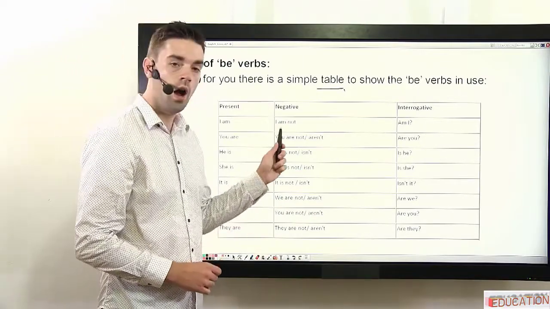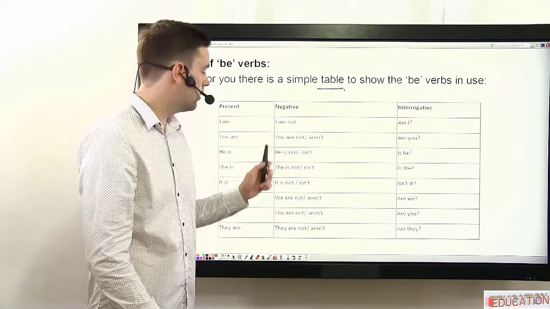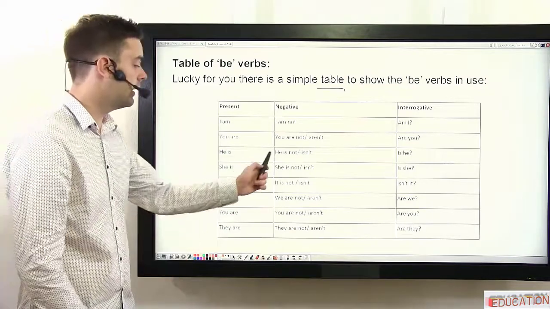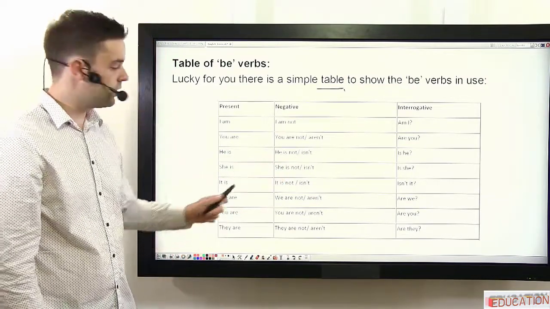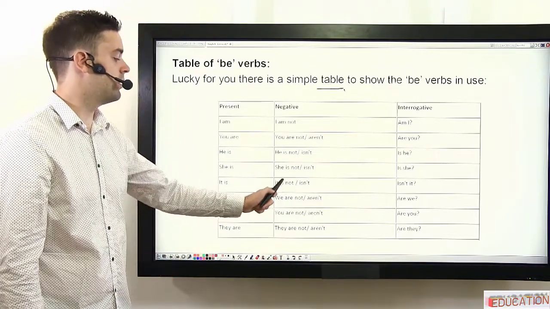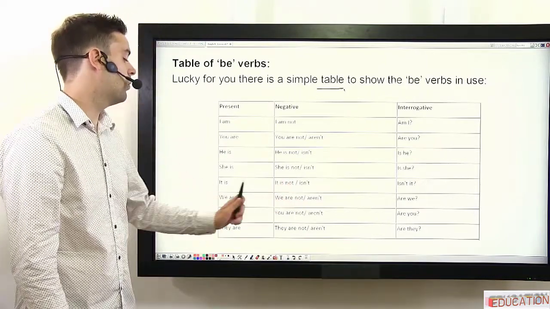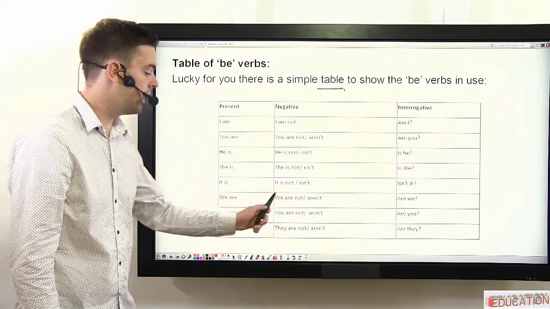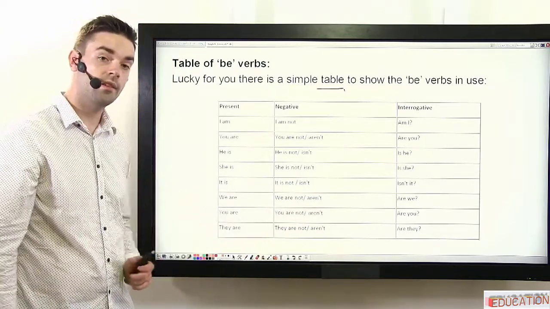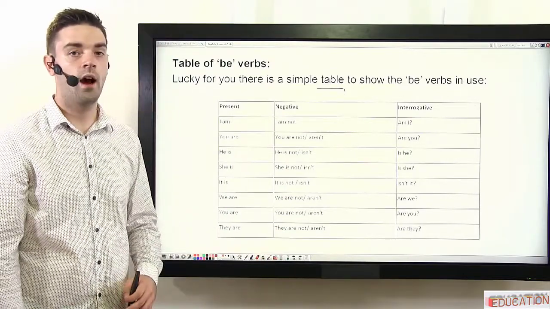Negative: I am not, you are not or you aren't, he is not or he isn't, she is not or she isn't, it is not or it isn't, we are not or we aren't, you are not or you aren't. Finally, they are not, or they aren't.